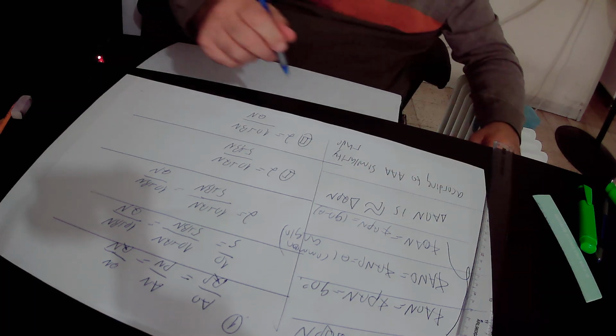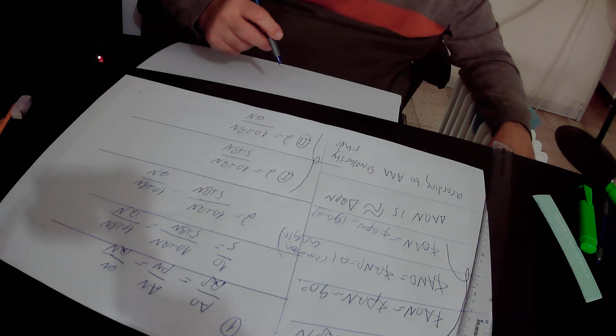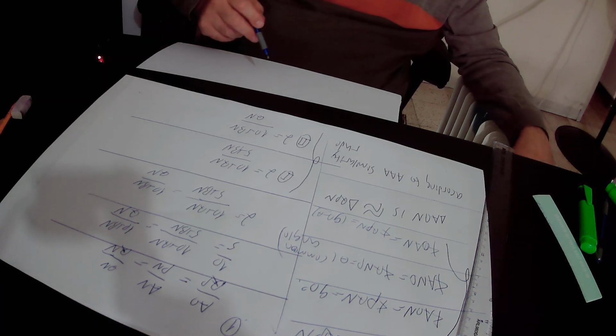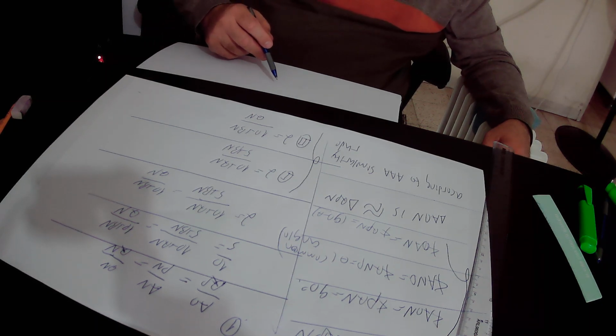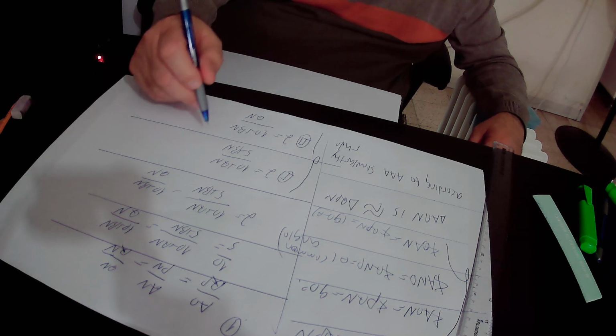So here we multiply equation number 1 by 5 plus BN.